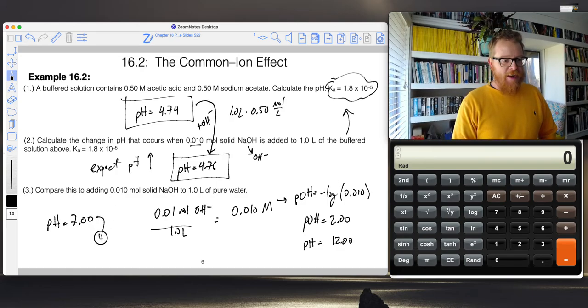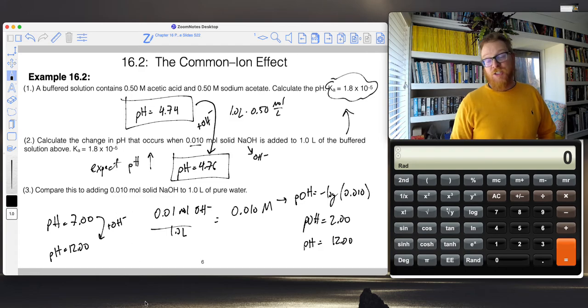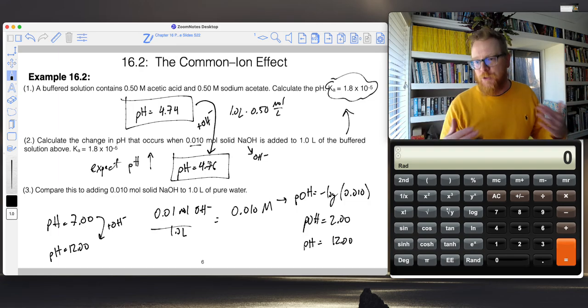So you can see now that skyrockets to a pH of 12.0 after the addition of hydroxide. So again, you can see here when we have this weak acid and its conjugate base, that makes a buffered solution, and it does a really good job of resisting a change in pH when something is added to it to perturb its equilibrium.